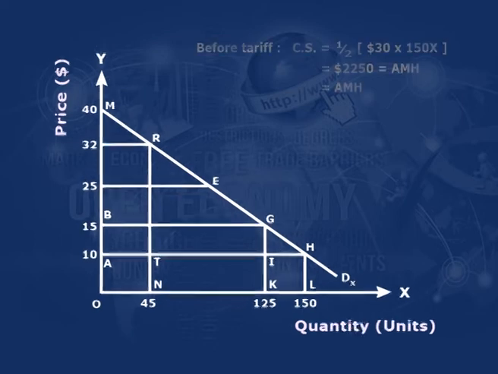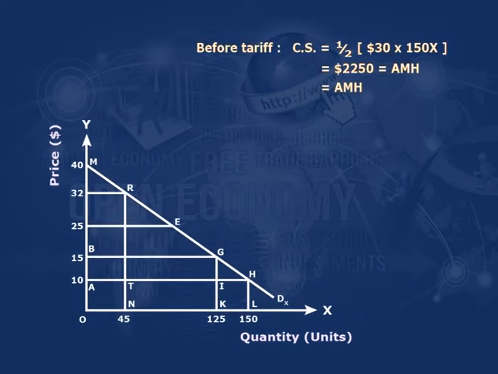Before imposition of tariff, consumer surplus is equal to AMH, that is half of $30 into 150x, that is $2,250. This is the difference between what consumers would be willing to pay, that is OMHL, and actual payment of OAHL, that is AMH.